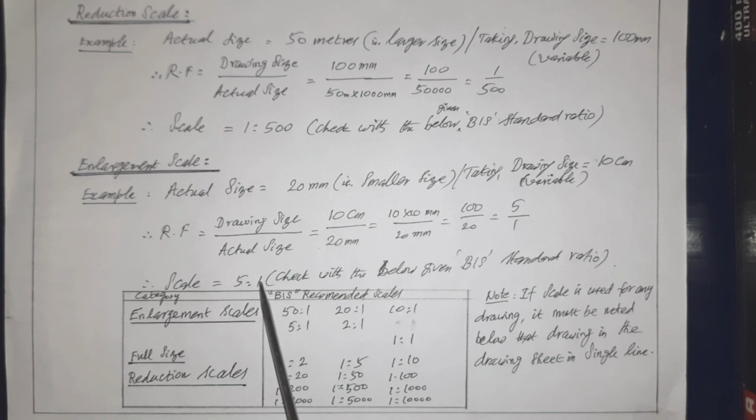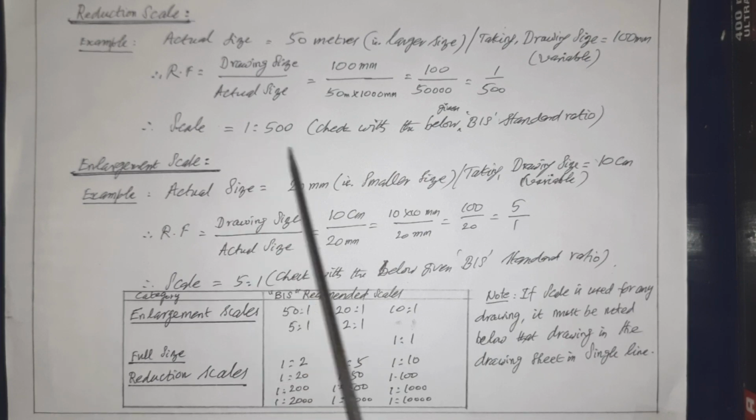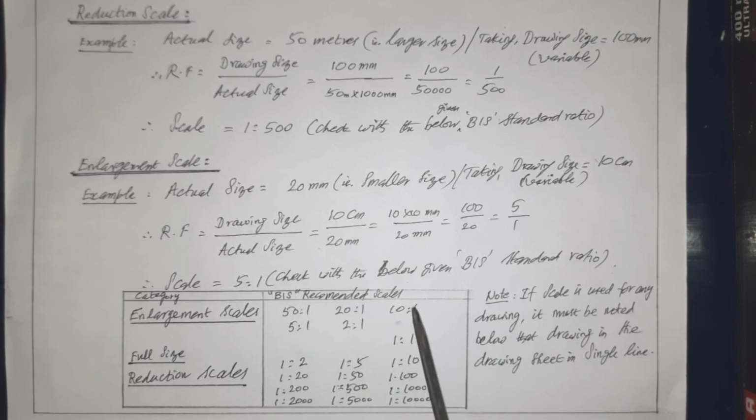In this case also, this should be compared with the recommended BIS scale values from the table given below. So here 5:1, in the enlargement scale, it is 5:1. This is also within the recommended standard values.